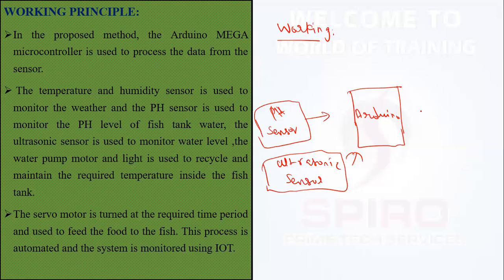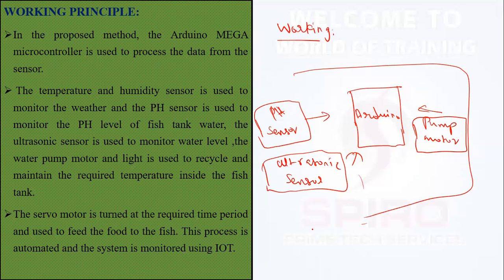And if the water level is low, water is automatically filled using a pump motor. So everything is monitored in IoT.